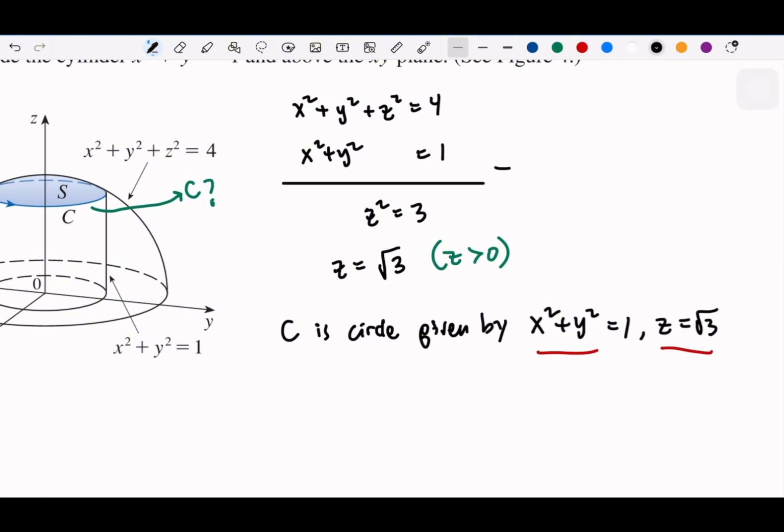Okay, x and y are supposed to satisfy the equation equal to 1, so if we convert to polar, we will have cosine and sine, right?